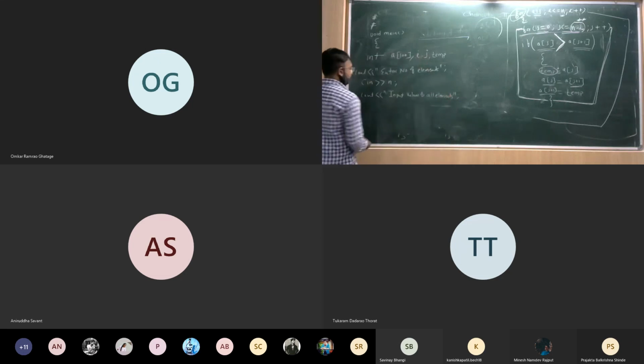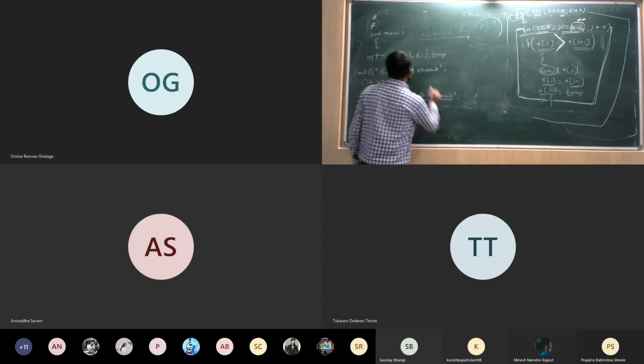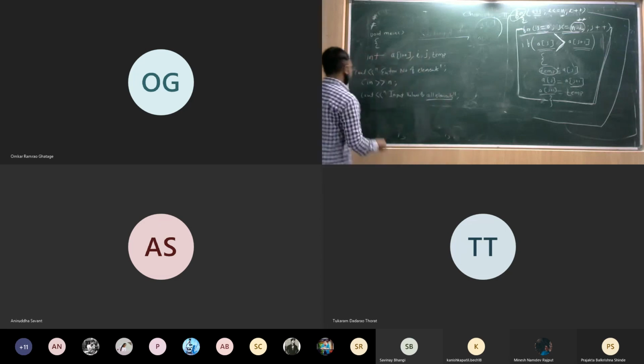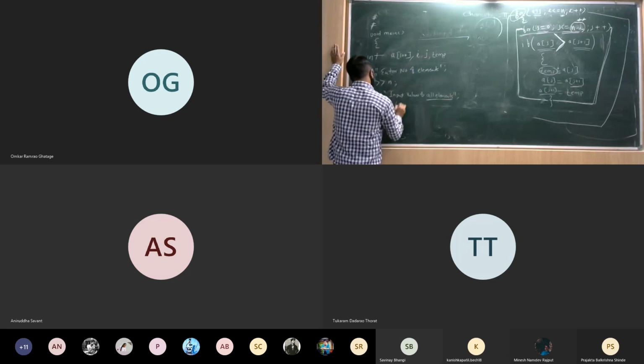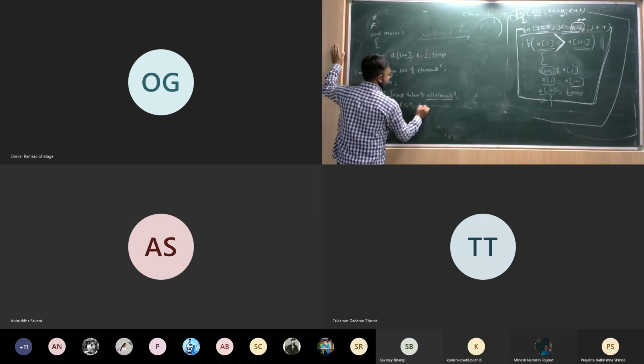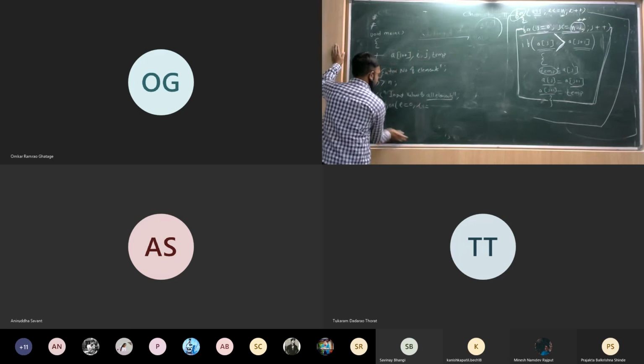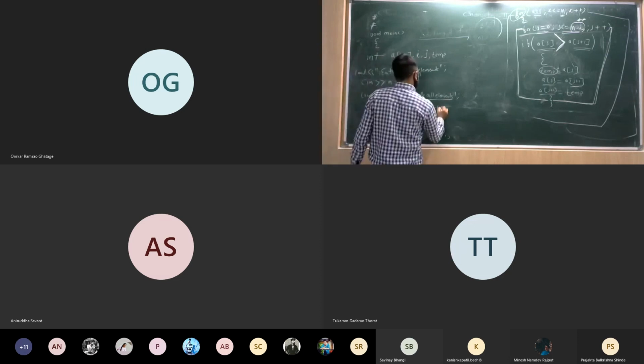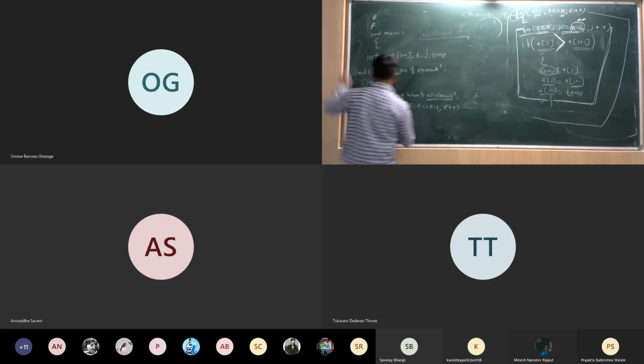So that could be done by inputting the values of all elements. Obviously, the elements are of an array, so we need to write a for loop: i equal to 0, i less than or equal to n minus 1, i plus plus.